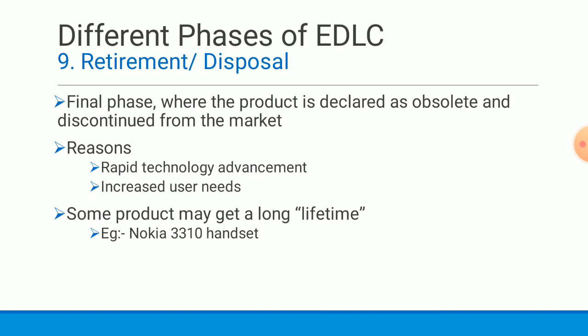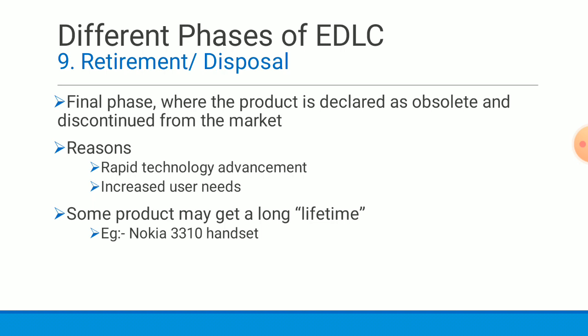The disposition of a product is essential because of two reasons. One is rapid technology advancement, second one is increased user needs. Okay, if there is an advancement in the technology and the product needs to be modified, or a new product requirement comes in terms of rapid technology advancement, then the product is disposed from the market.